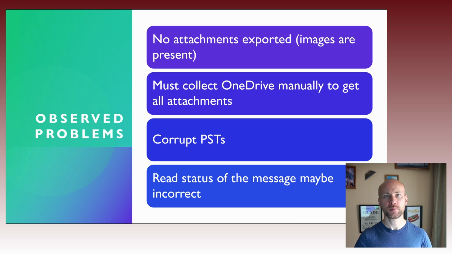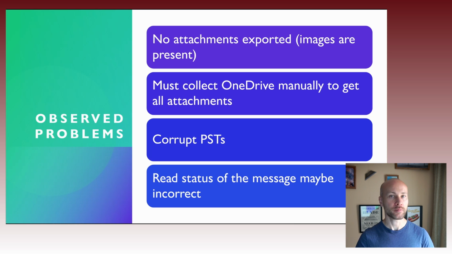So what are some of the problems with this export? Of course, number one is we are missing attachments. They will not be exported. What you can do is go to the user's individual OneDrive and manually collect that. That will contain all the attachments that were sent.